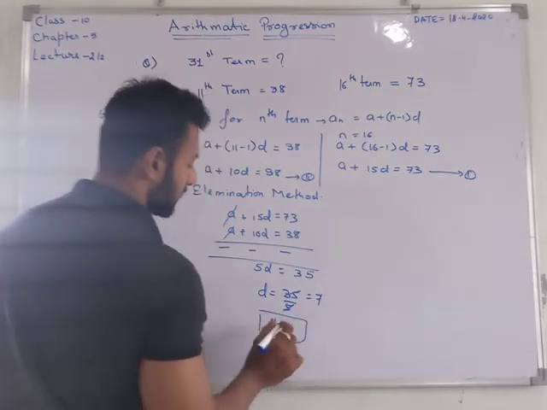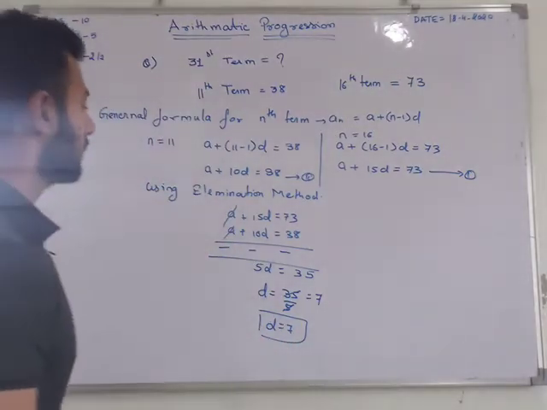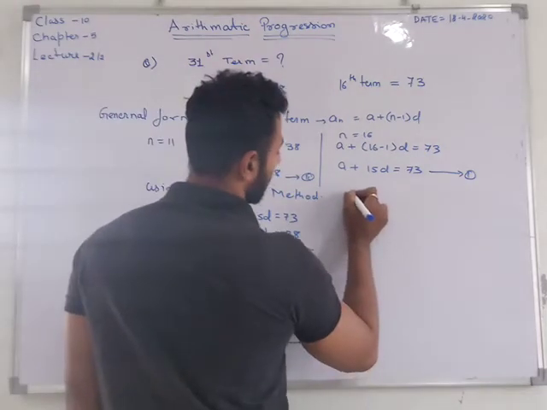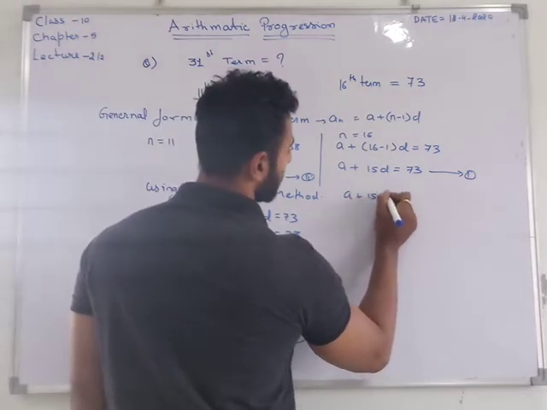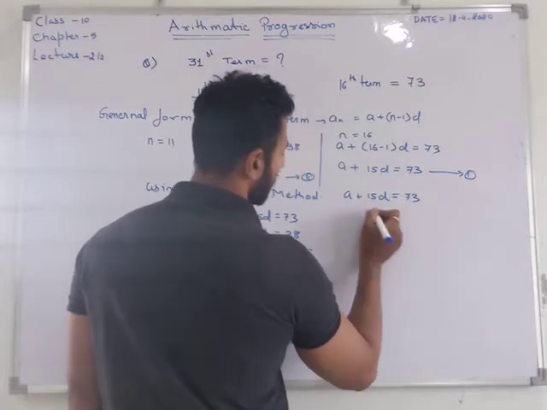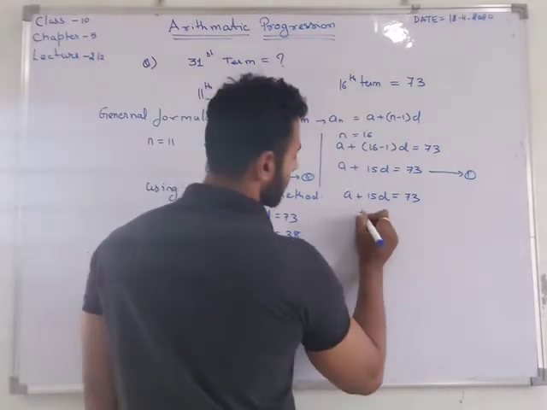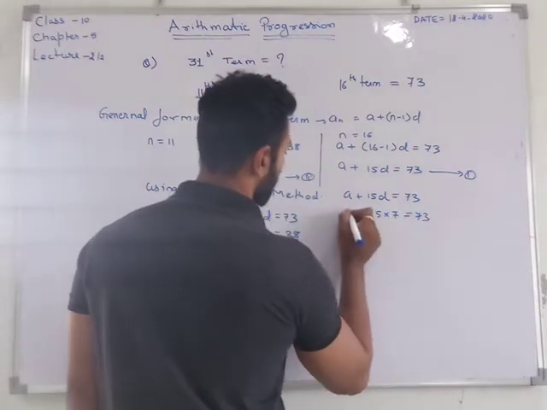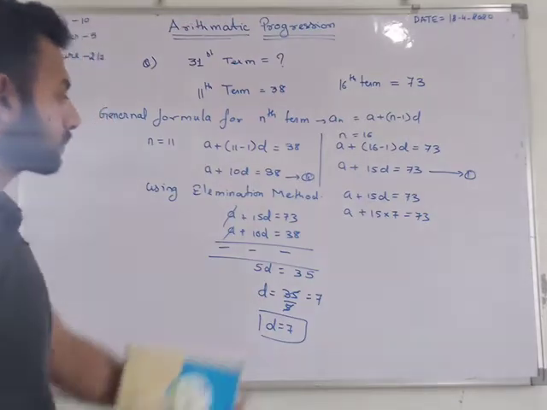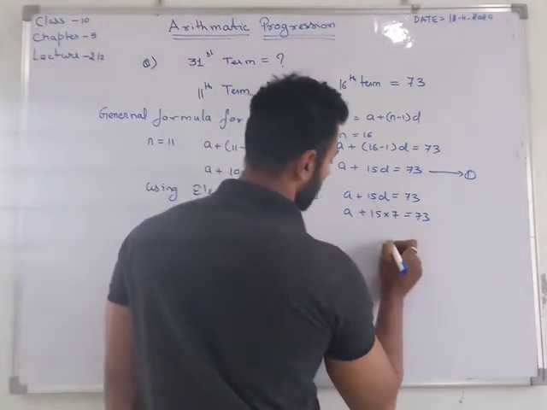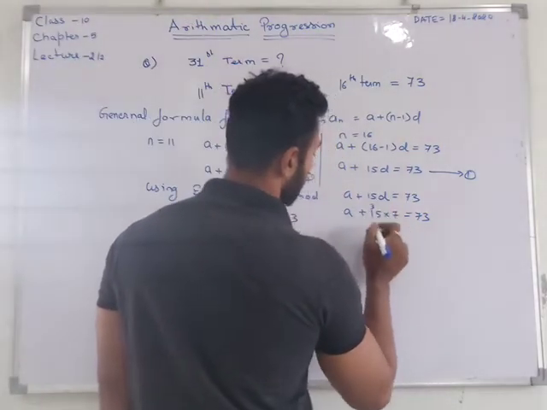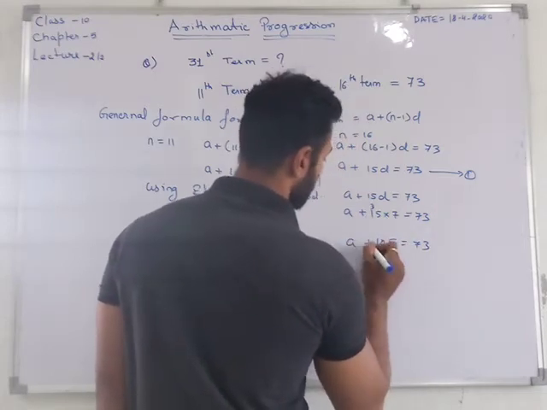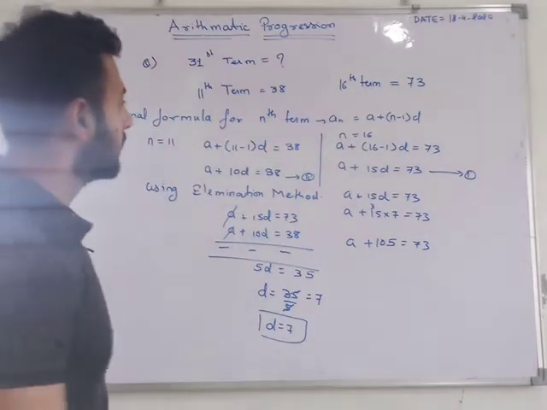Now substituting d is equal to 7 in any of the equations, I am substituting in equation number 1. a plus 15d is equal to 73. a plus 15 into 7 is equal to 73. a plus 105 is equal to 73.